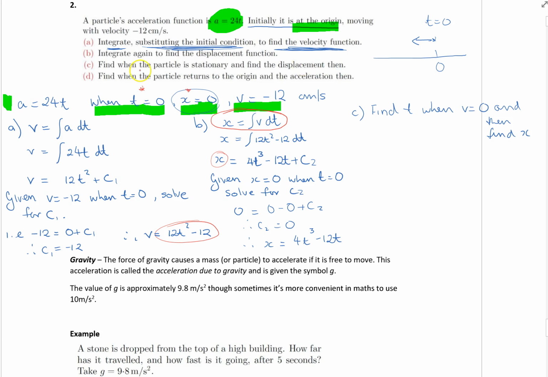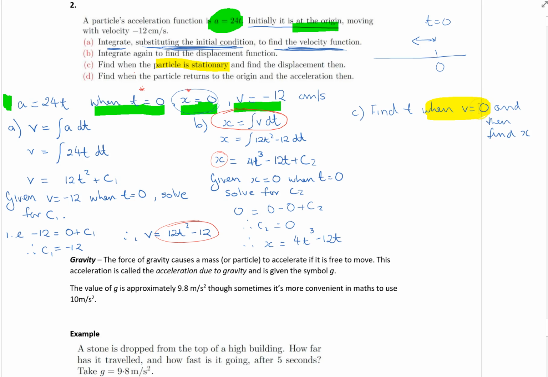Let's see. So find when the particle is stationary. If you're finding when, you're finding t. Particle is stationary. How do I interpret that mathematically? If it's stationary, it's stopped, it's not moving, its velocity is naught.